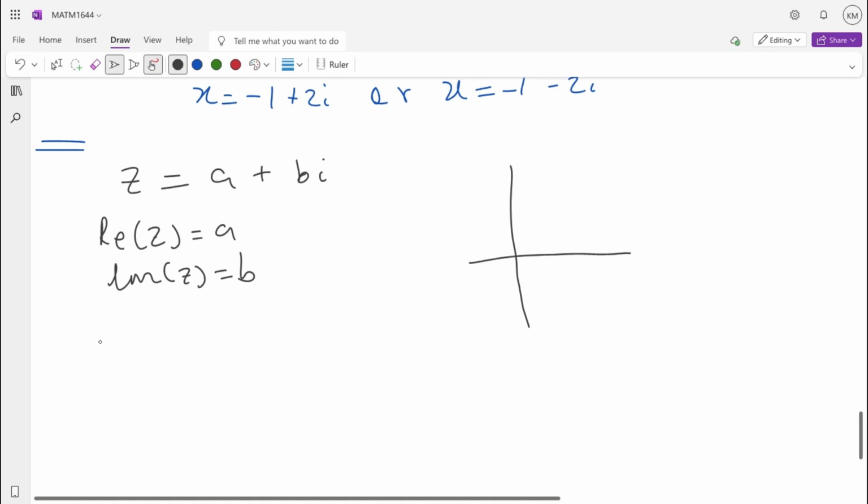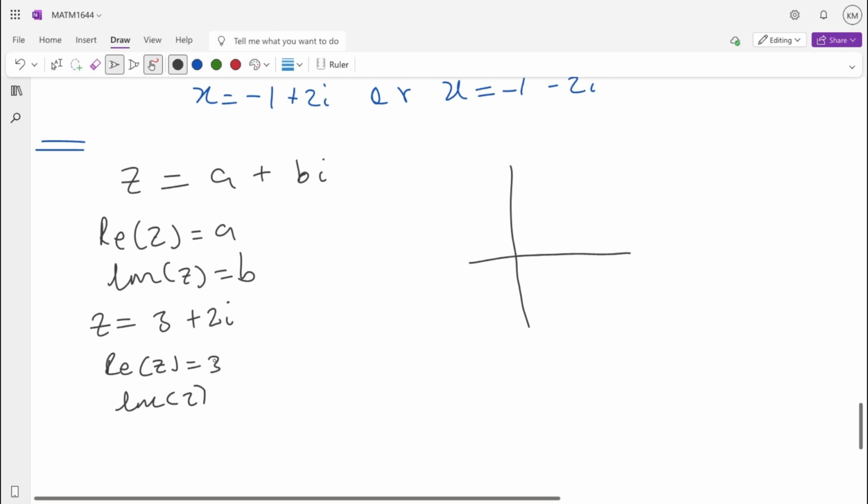I realize I didn't say anything about that earlier. So if you have z equals 3 plus 2i, then it implies that the real part of z is 3 and the imaginary part of z is 2. Sometimes they can give you something that you first need to simplify, like the first examples that we did.